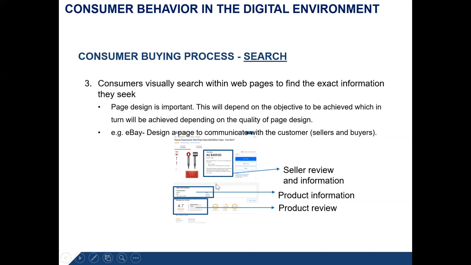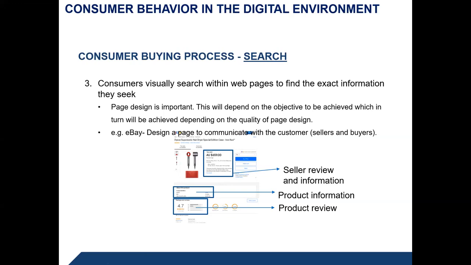So now, as you can see on this particular slide, this is the dryer, this is the pricing information. But what is more important is that there is reviewer information as well. So there is information about the sellers. If you are not sure what type of seller this is, you can click and see the reviews related to that particular seller.